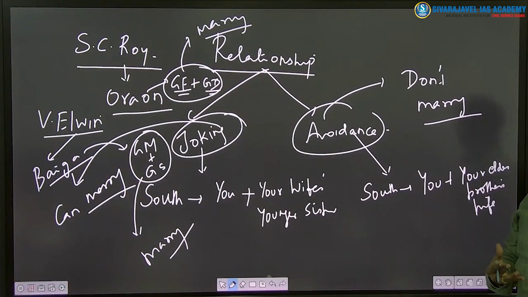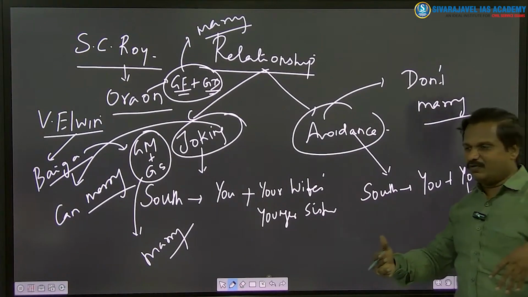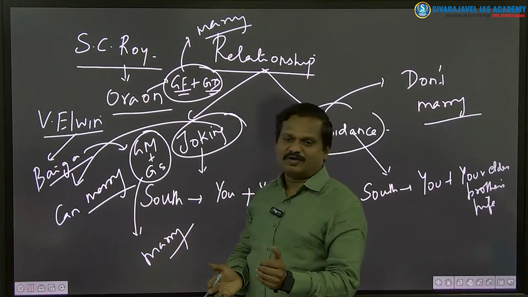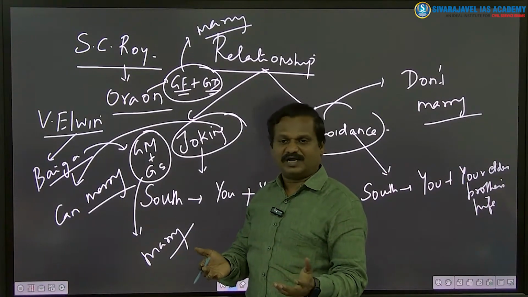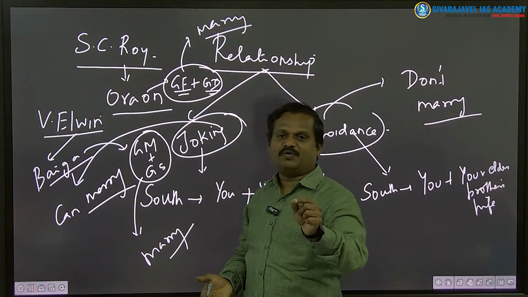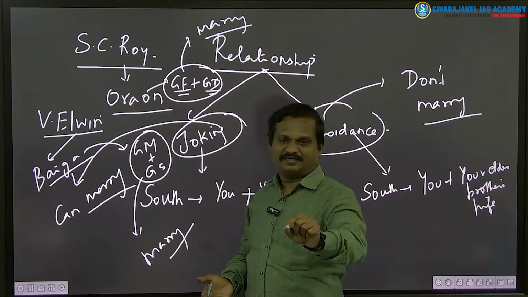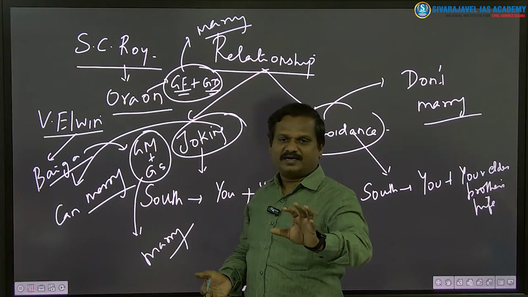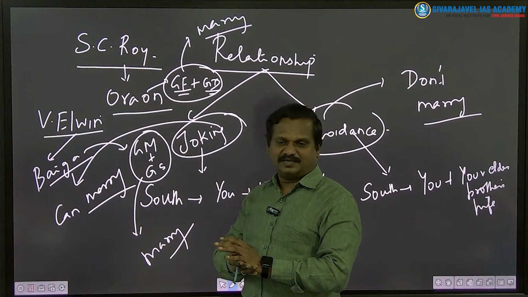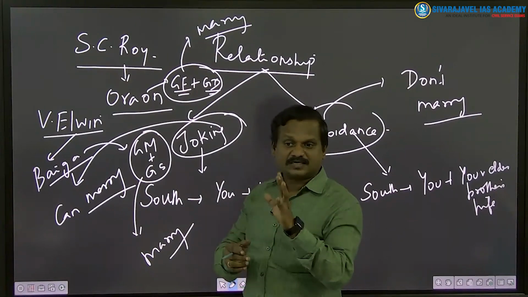It depends on the culture of the society. If you go to one society, you will find one type of culture. If you come to another society, you see another type of culture connected to family. For example, if you go to South India, cross cousins can marry each other. If you go to North India, cross cousins cannot marry.